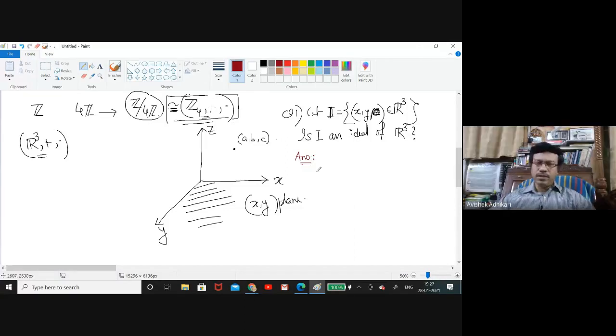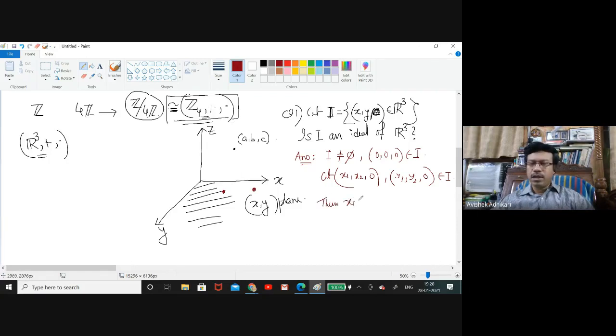Yes. So how to check this? First of all, I is a non-empty set because (0, 0, 0) belongs to I. Now, if you take any two points, let (x1, x2, 0) and (y1, y2, 0) belong to I, then if you subtract them, (x1, x2, 0) minus (y1, y2, 0) is of the form (x1 minus y1, x2 minus y2, 0).